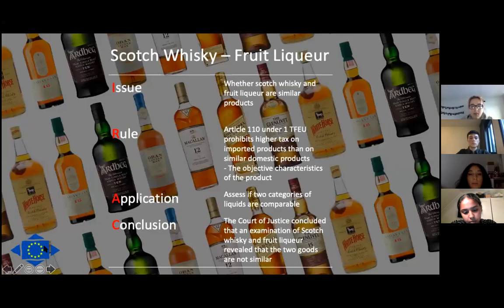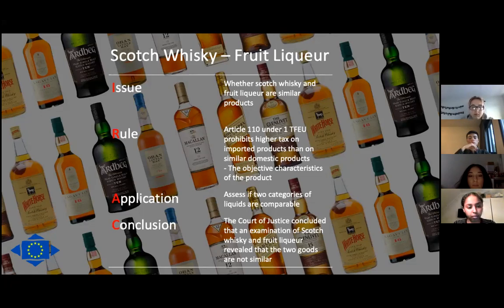To give an example, the Court of Justice had to decide whether Scotch whiskey and fruit liquor are equivalent items in one case. Scotch whiskey and fruit liquor had distinct tax rates in Denmark. The Court of Justice concluded that in order to assess if two categories of liquids are comparable, some objective features must be considered, such as their origins, manufacturing process, flavors, and alcohol concentration.